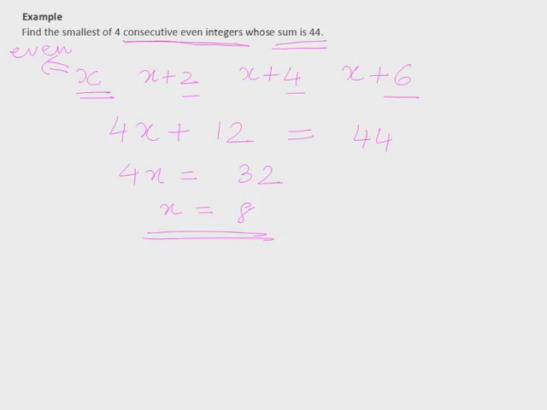Remember, x is not what they may be asking for. Let's make sure we know what they're asking for. They're asking for the smallest and we have taken x as the smallest. So in this case, the answer is 8. If they were asking for the highest, then you'd have to add 6 to it.